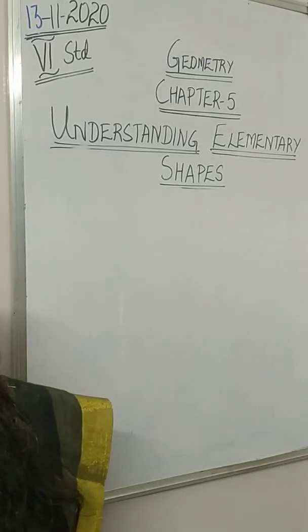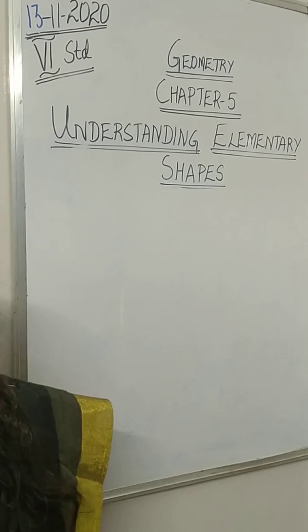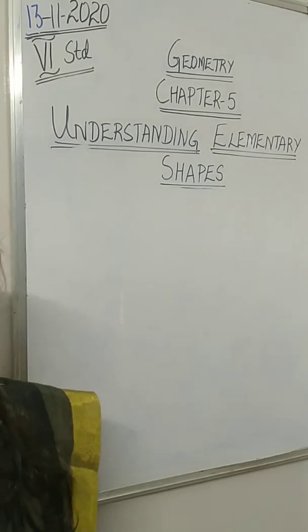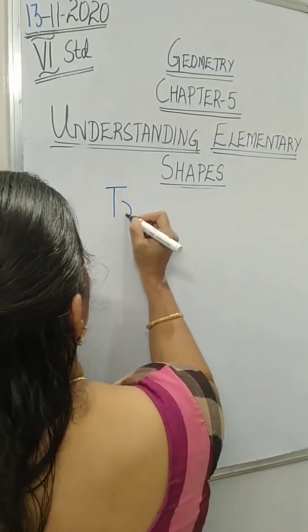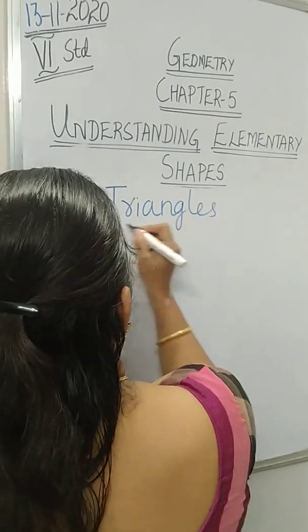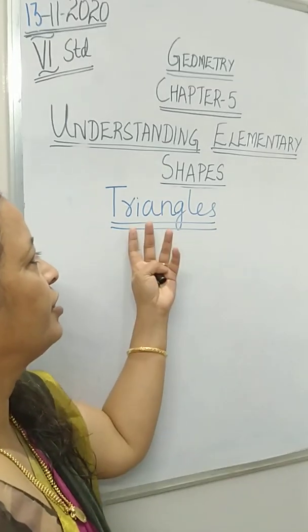Now let us continue with the chapter. The next part of it is the triangles. Let us learn about the types of triangles. Do you know what we mean by triangles? As the name indicates, tri means three.